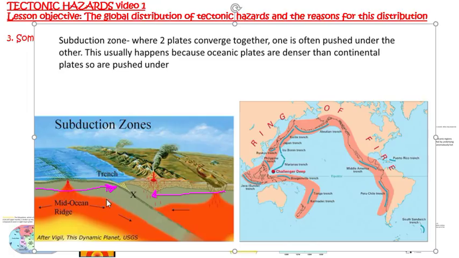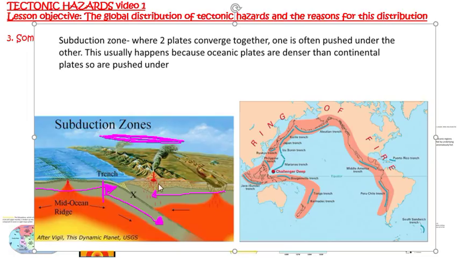Now, the oceanic crust, because it's denser and thinner, naturally subducts under the continental crust. And you don't even need to use the word pushed under. I just want you to say it subducts under, right? And this whole area near the boundary where it subducts is called a subduction zone.